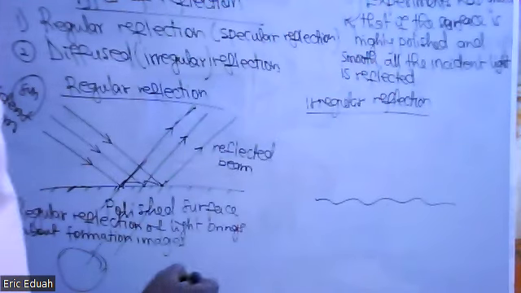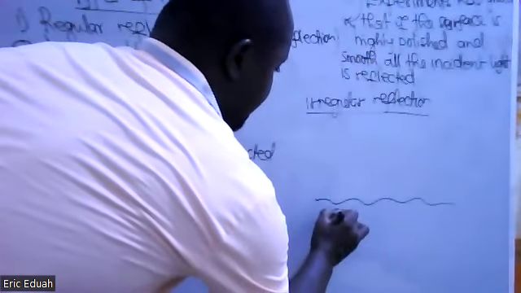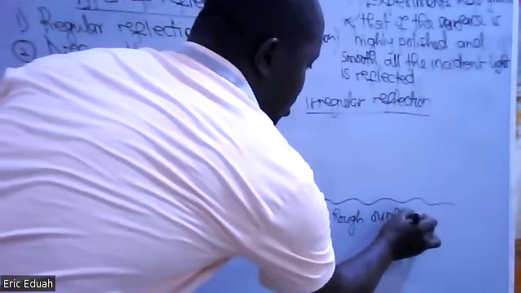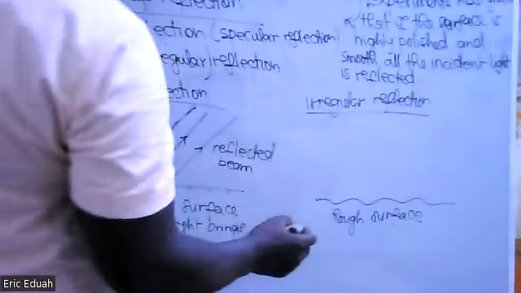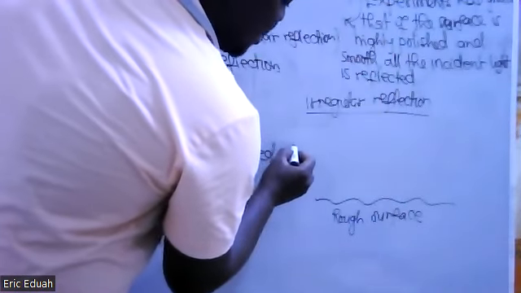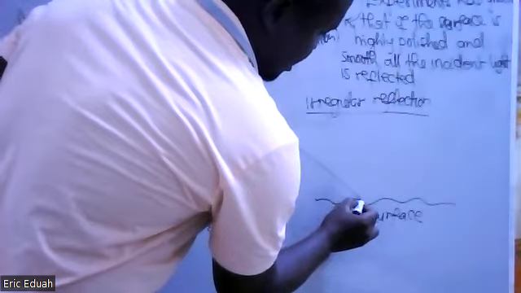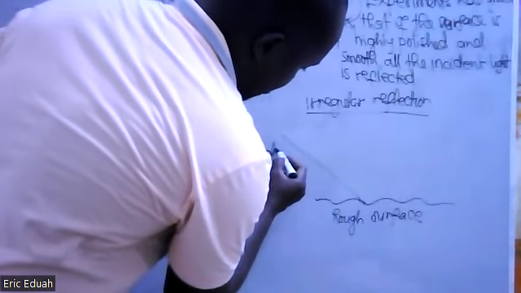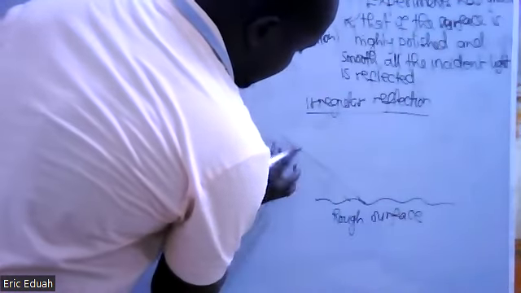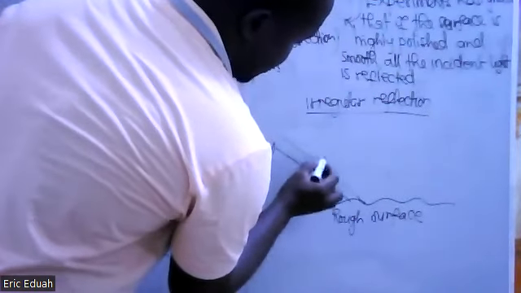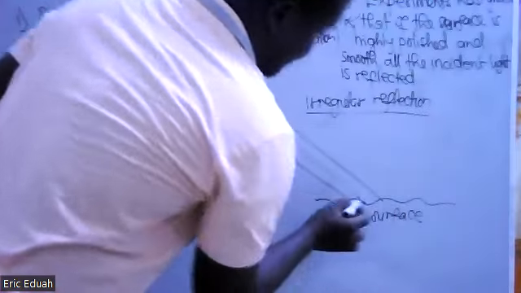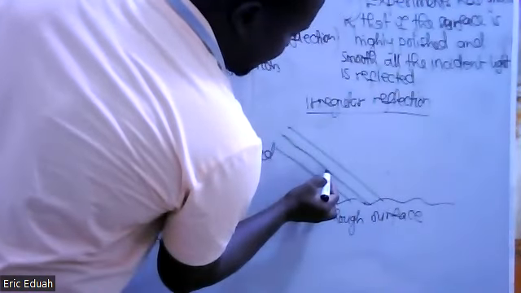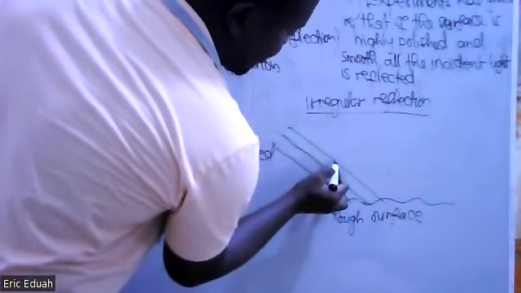So when you have a rough surface, not smooth or well polished, and you have a beam of light incident on the surface in a pattern, regularly or orderly, what is hitting the surface has some orderliness.